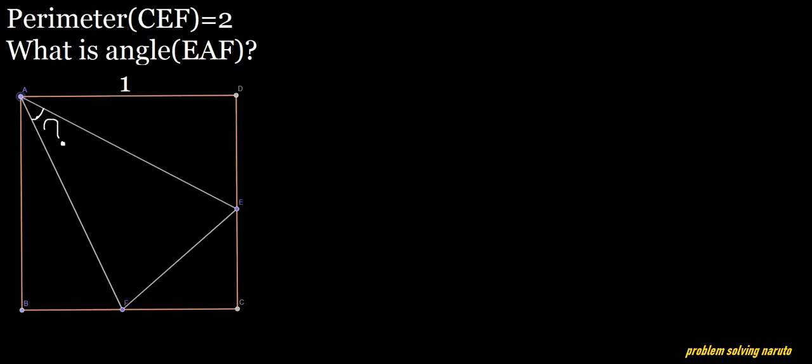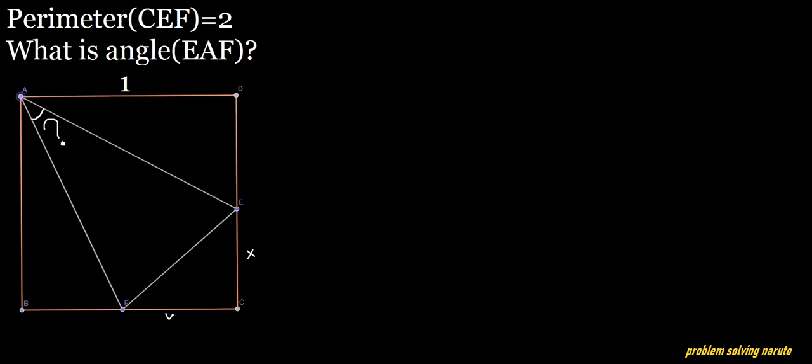So the first impression of this problem is that the perimeter is 2, and somehow we need to use that. The first approach I tried was a brute-force approach. Essentially I just try to break this out.